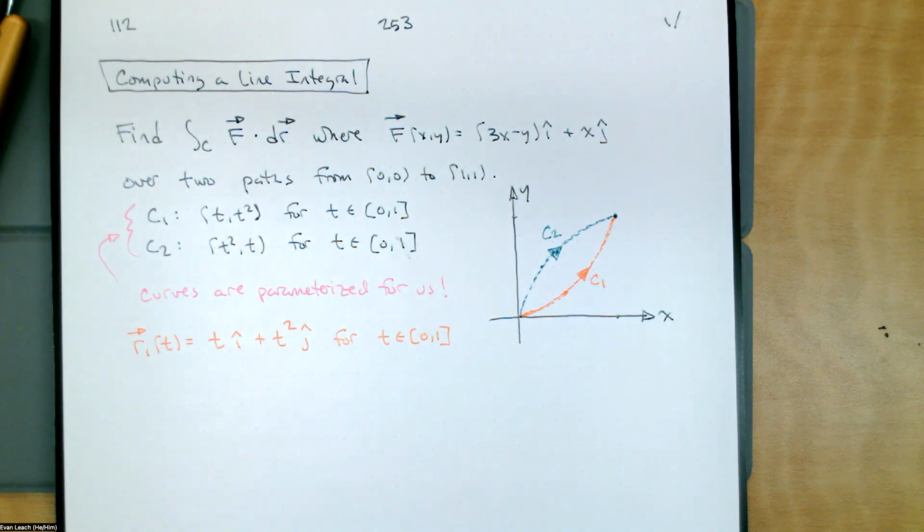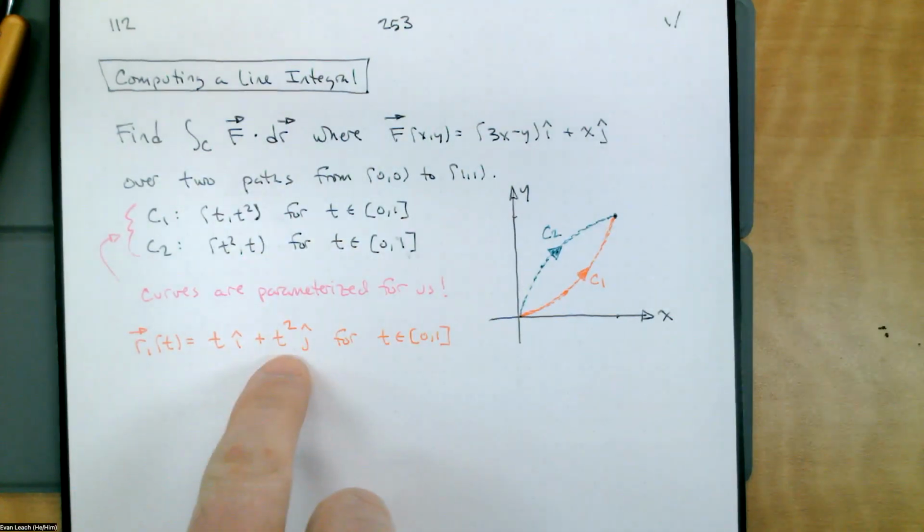So I have these x and y components. These are the things that are going to go into our vector field. At each point, so if I need the point 3x minus y, I need 3 of the x minus 1 of the y.